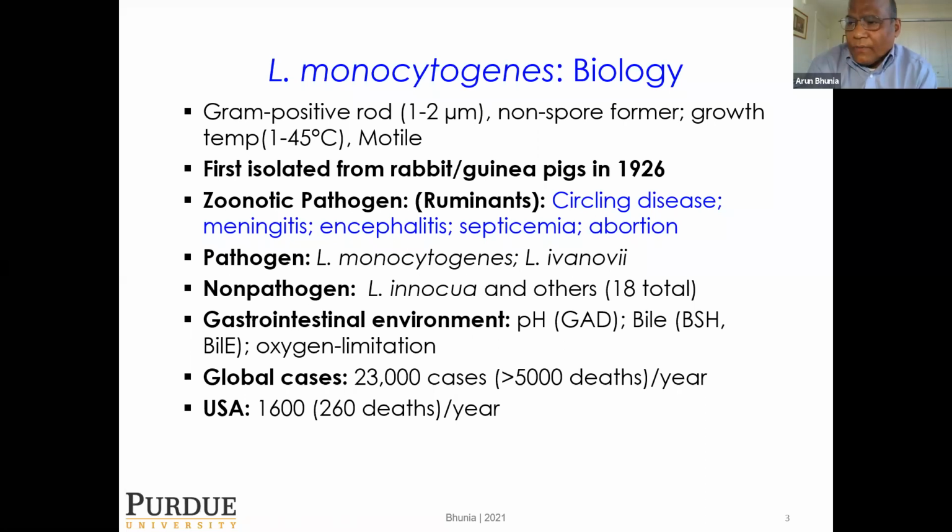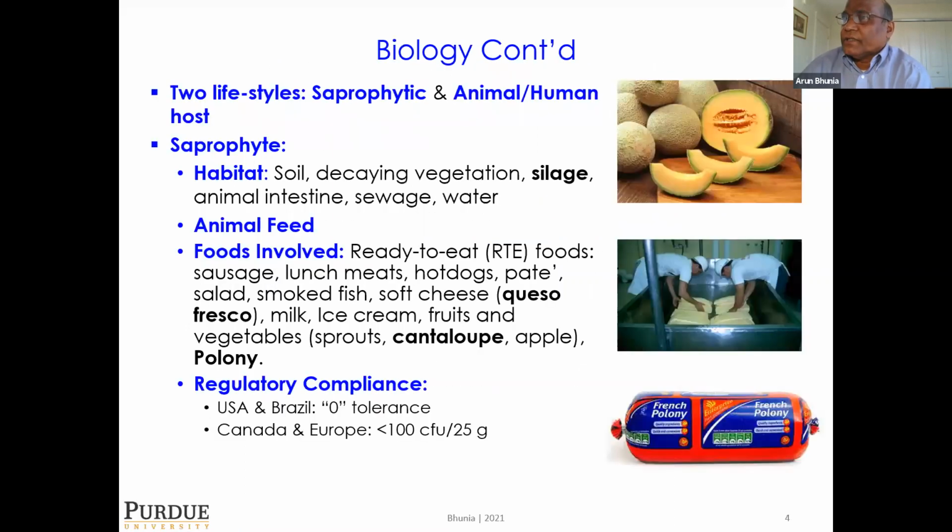And in terms of number of cases, we see about 23,000 cases annually. That's in the global report. And in the US, we see about 1,600 cases and 260 deaths per year. But this is the foodborne pathogen that has the highest hospitalization rate. So obviously, you can expect a large cost associated with this infection.